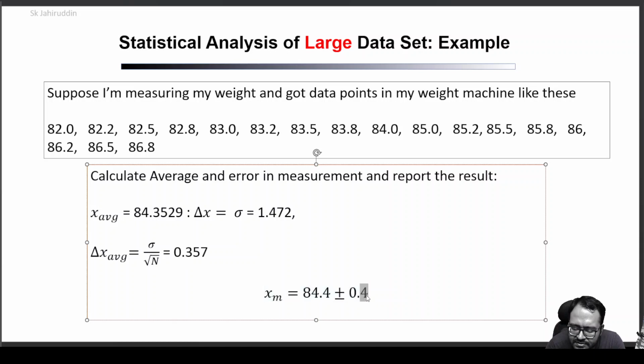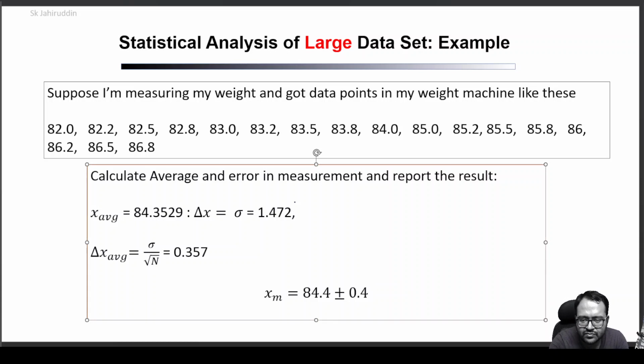And when it's 0.04, I do not report 84.3529, but rather I report 84.4. Look here, I'm writing 84.4. This is 0.04, not 0.357, as we have learned before. So do this homework.